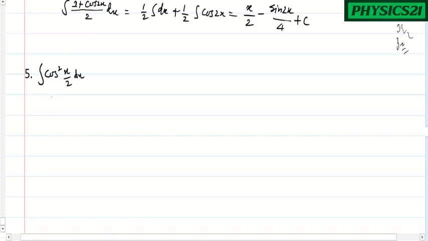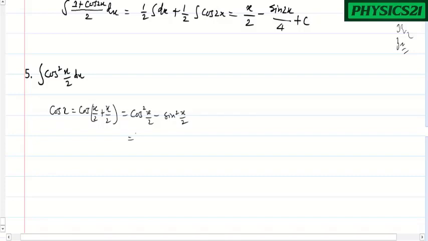Now see what we will do. As we know that cos x can be written as cos (x by 2 plus x by 2). So now in the next step, that will be cos square x by 2 minus sin square x by 2.